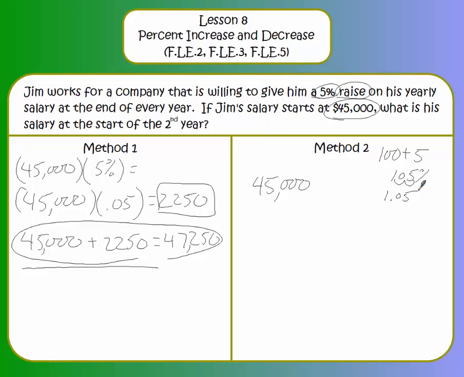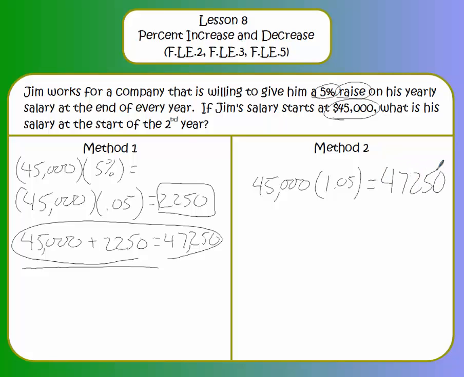The idea, though, is to make sure you're adding in that 100%. Once we add in that 100%, we end up with 1.05 as a decimal, or 105%. And if I multiply these two together, I get 47,250.